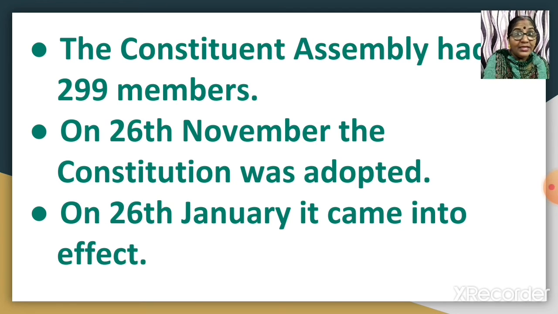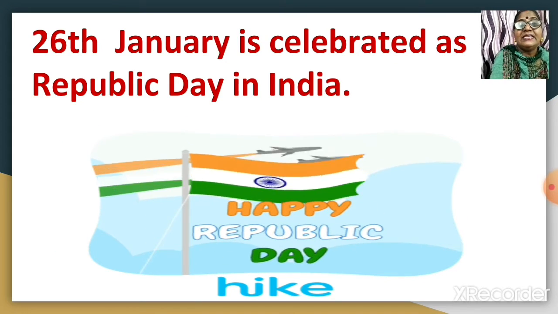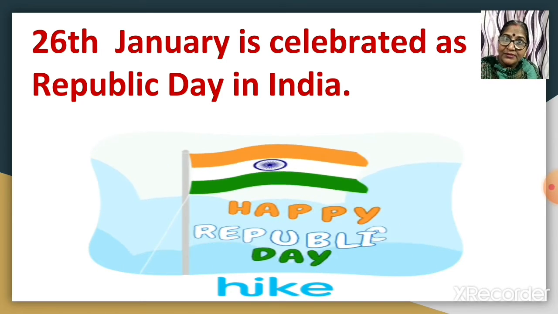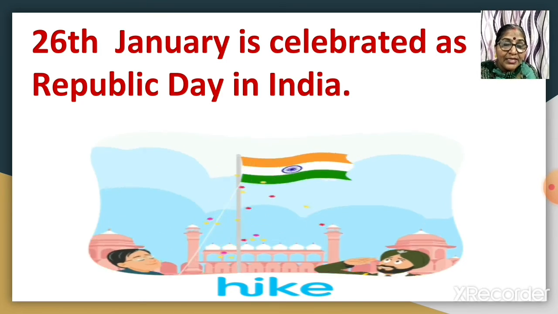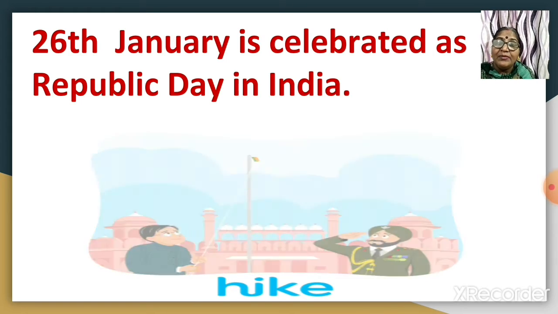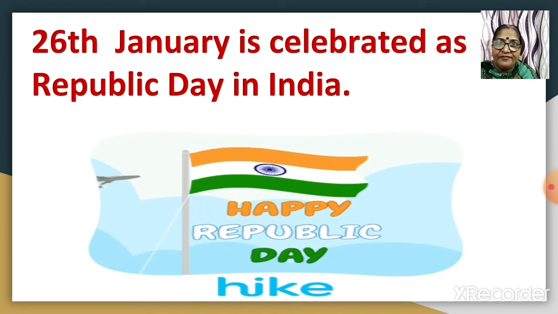But it came into effect on 26th January 1950. And that's the reason we celebrate 26th January as Republic Day every year. Understand why we celebrate Republic Day? Because on that day our constitution came into effect. But the year was 1950.